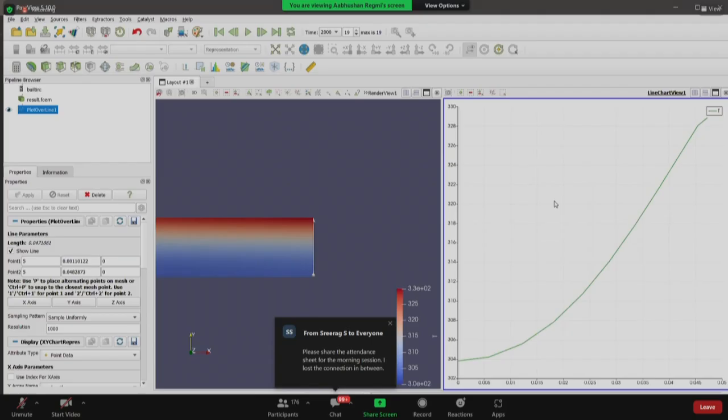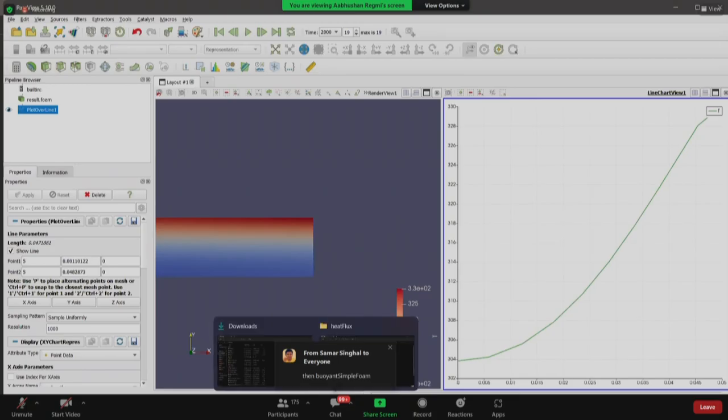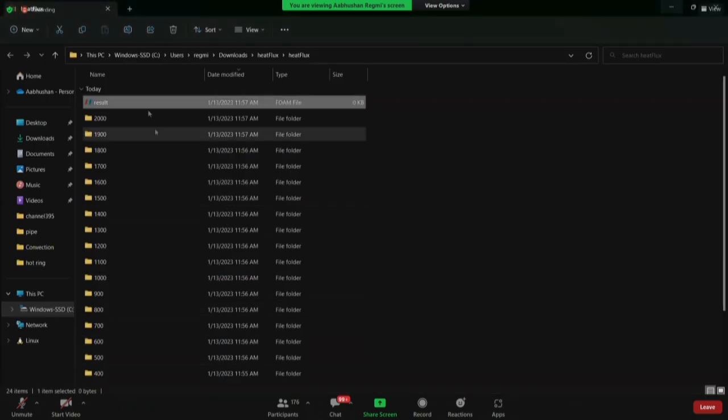This brings me to the general question: if we have any case files which we got from GitHub or anywhere, and we want to update them as per our OpenFOAM version, what changes do we need to make? It depends on the new version. You need to keep track of what is different in different versions. Generally from version to version there is not much difference, but in OpenFOAM 10 they have made some huge changes.